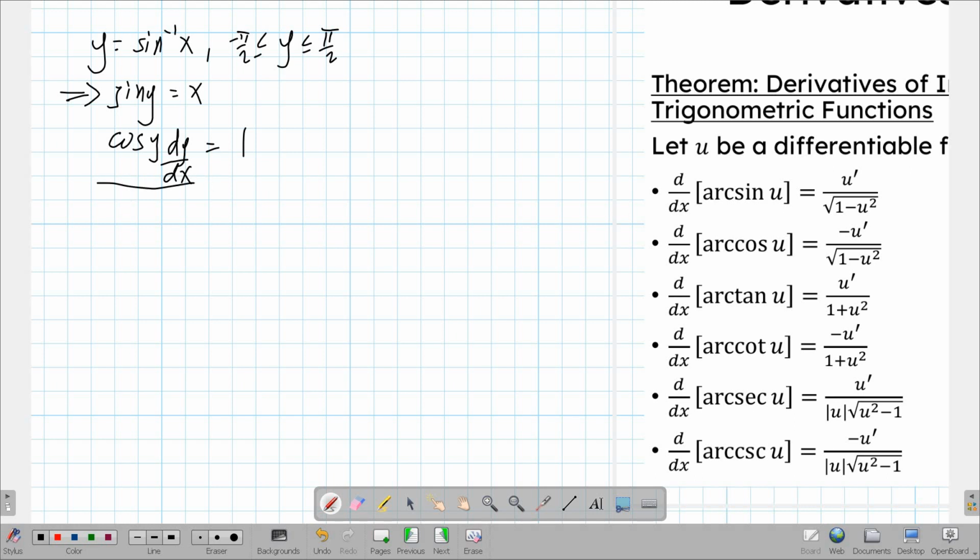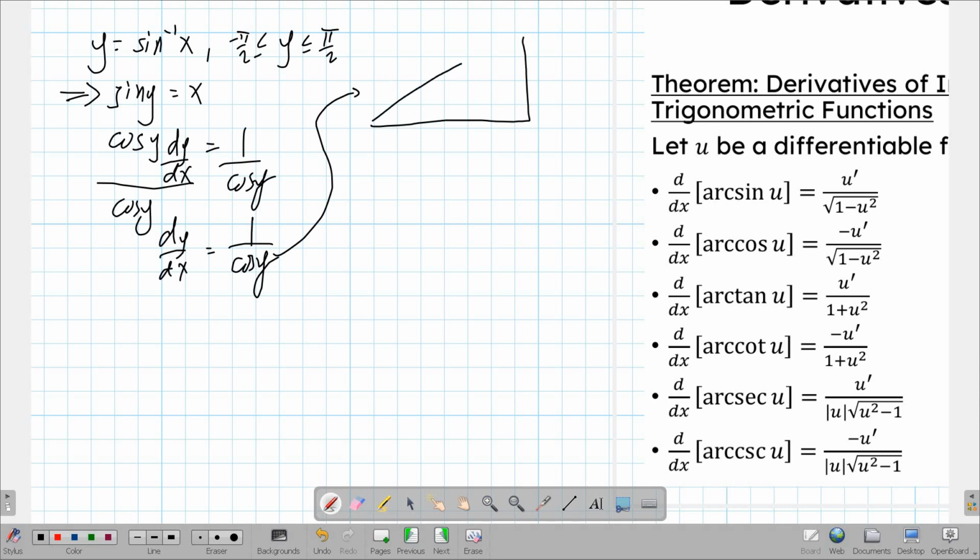Dividing both sides by cosine y, we have dy over dx is equal to 1 over cosine y. The thing is, that is in terms of y. How did it become something like the square root of 1 minus x squared? The illustration of that cosine y will come from our triangle.